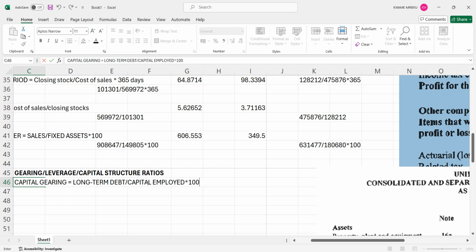You realize that capital employed is a function of equity and long-term debt. So the benchmark for gearing is 50. Any percentage above 50 means you have more long-term debt in your capital structure compared to the owners' funds, and that makes your business highly geared and risky. If you want to know how risky your business is, this ratio will help you for better decision making and predictions in the future.